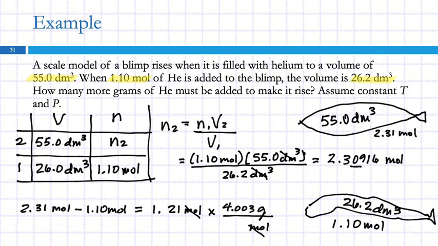There we go. 1.21 times 4.003 is 4.84363. And that also should have 3 sig figs. So 4.84 grams should be added.